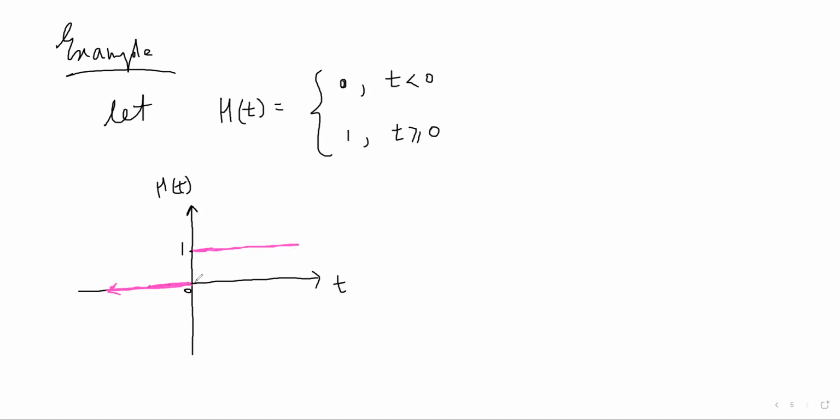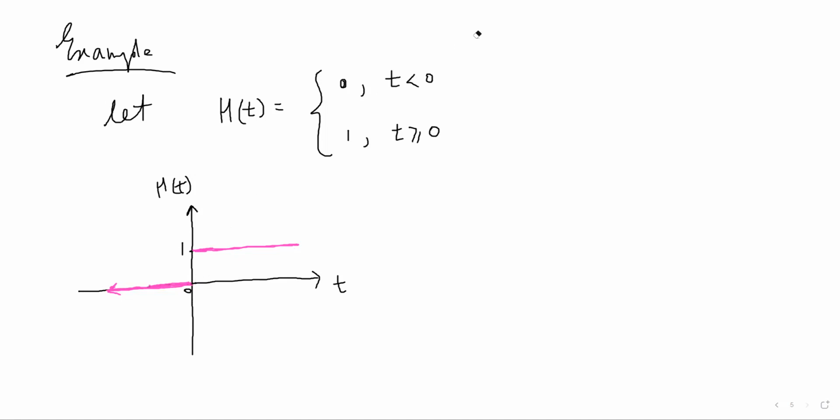It's on the t-axis to show that it's 0. And over here in the middle, we have a circle. Let's make sure that the circle is an open circle. So in the middle here we have an open circle, and that open circle basically shows that at 0 the function is not 0.